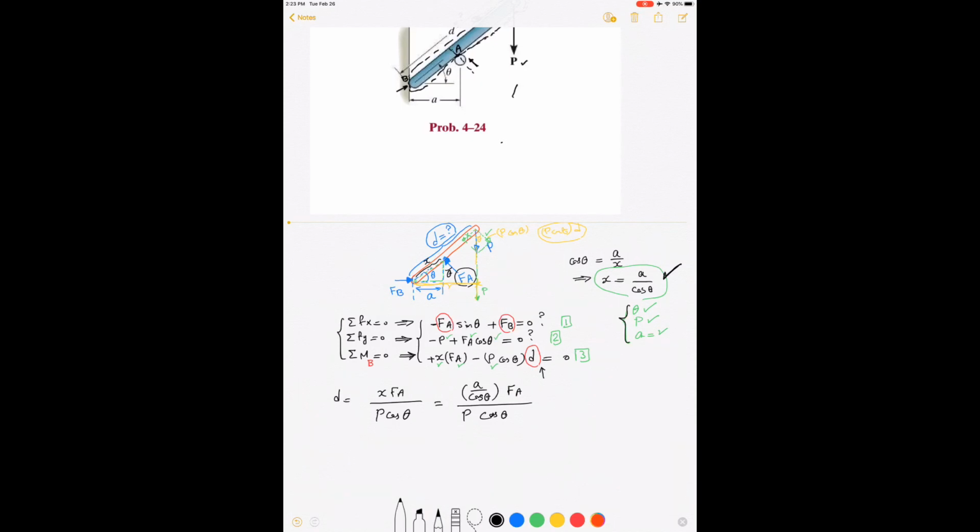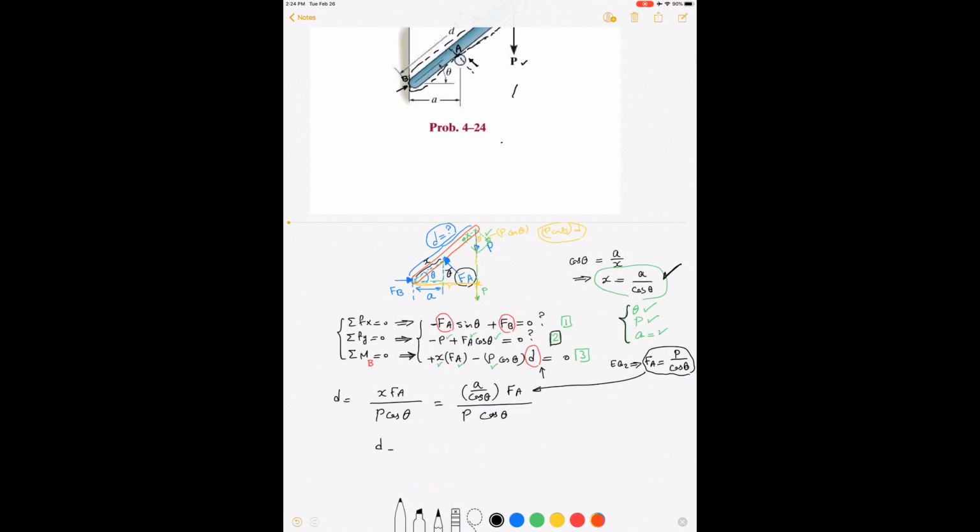Now if I look at equation number 2, I can see that I have an equation directly for FA, and it's not even coupled to equation 1. So I can immediately solve equation 2 for FA. According to equation 2, FA is equal to P over cosine theta. Now let's put it back right here.